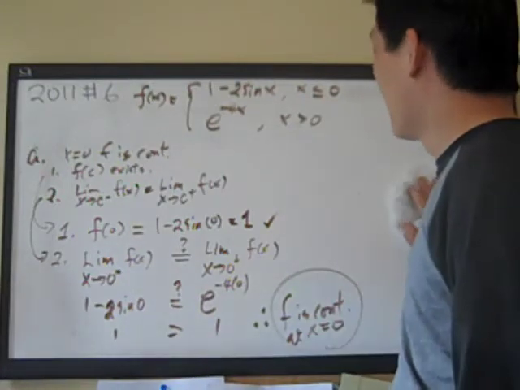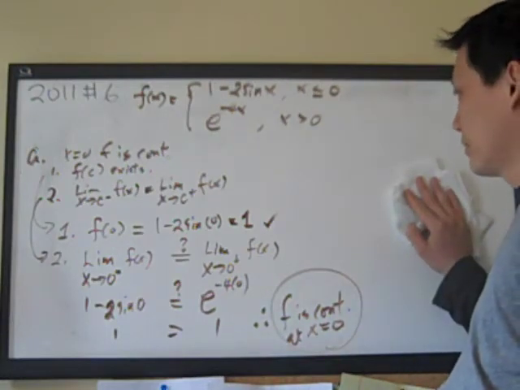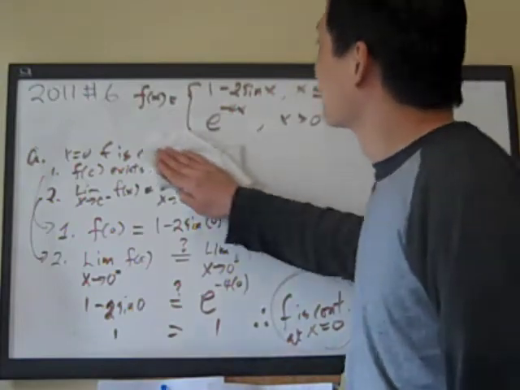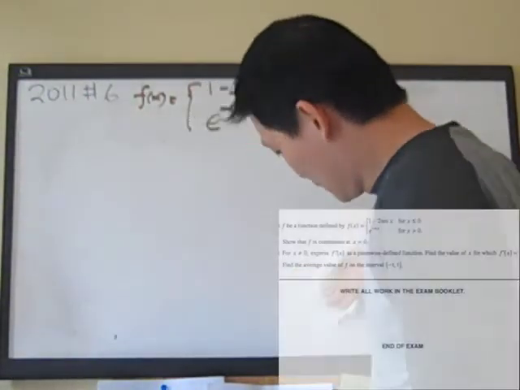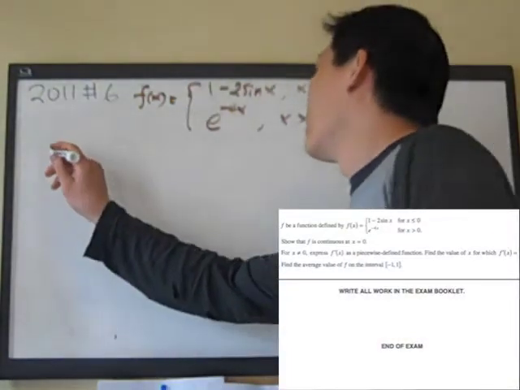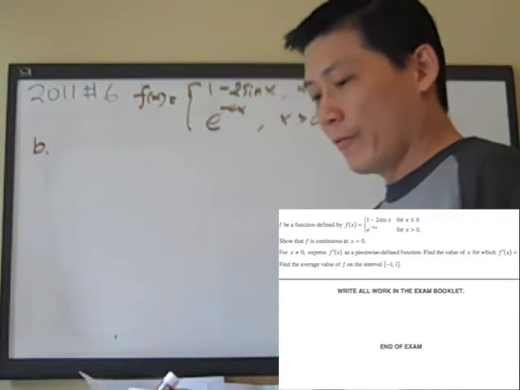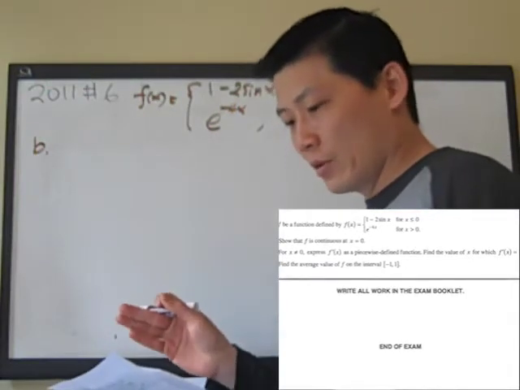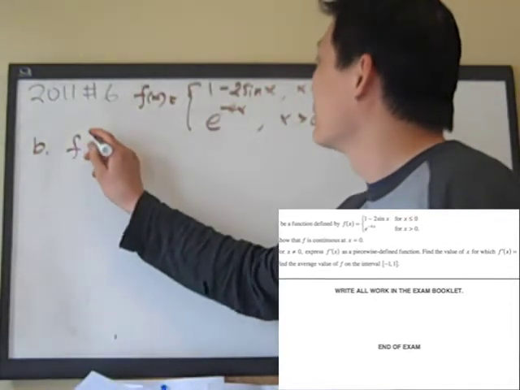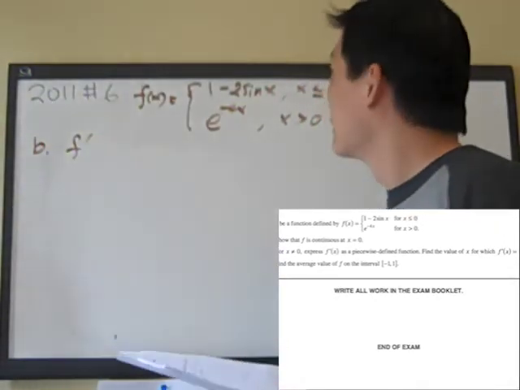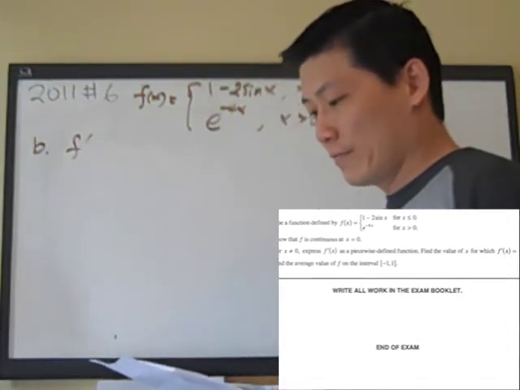Okay, let's talk about part B. Let me erase part A. Take a moment to look at this; you may be able to pause it or rewind it. Part B says, for x not equal to 0, express f prime, the derivative of f of x, as a piecewise function.